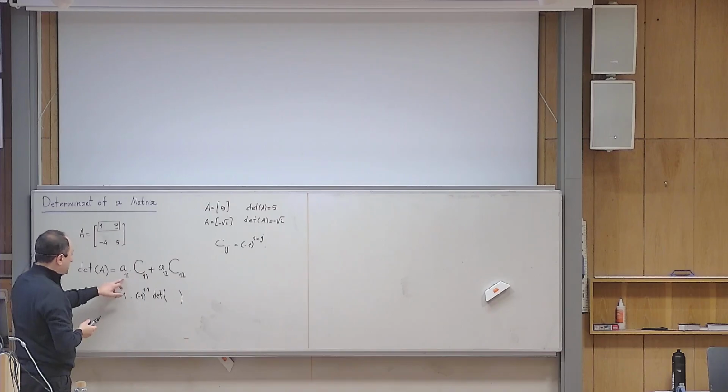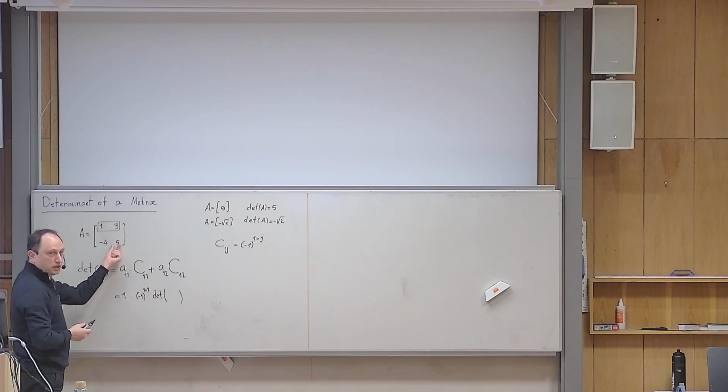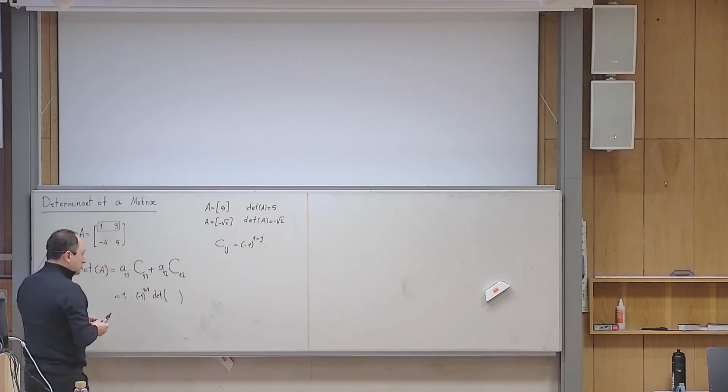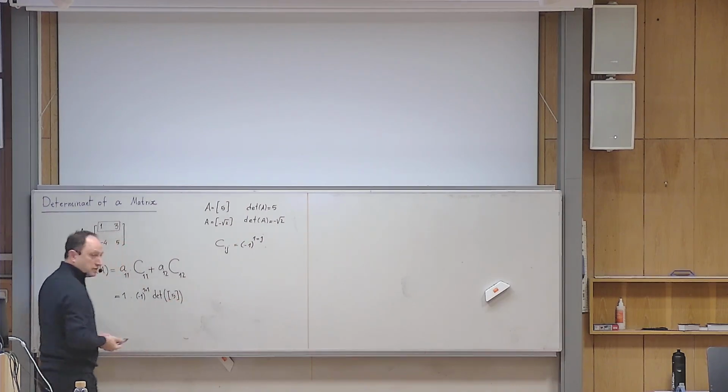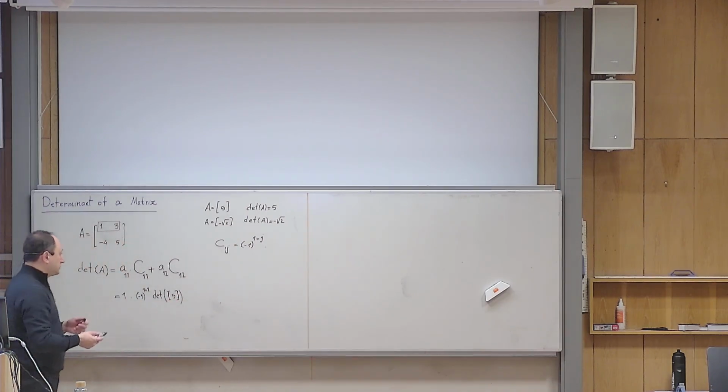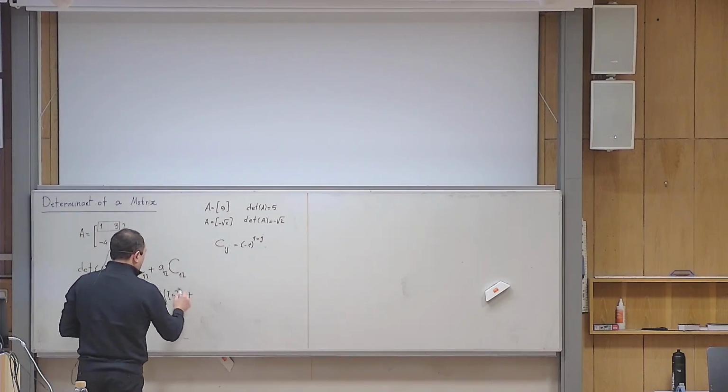Yes? This is A11. Remove the first row and the first column, the row and the column corresponding to this entry. If you remove them, there is a 1 by 1 matrix left for you. So this becomes the determinant of the matrix 5. Yes? And then I go to the next one. What is A12?